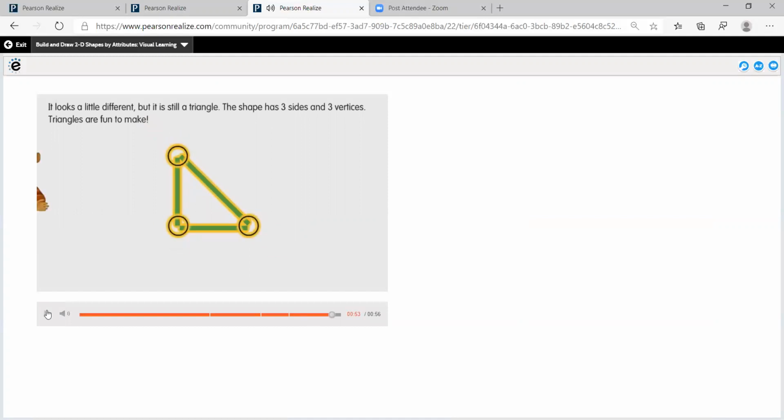It looks a little different, but it is still a triangle. The shape has 3 sides and 3 vertices. Triangles are fun to make. And this student used different pieces of straw that they cut and placed together to form the triangle. See what you can find to help make your shapes today.